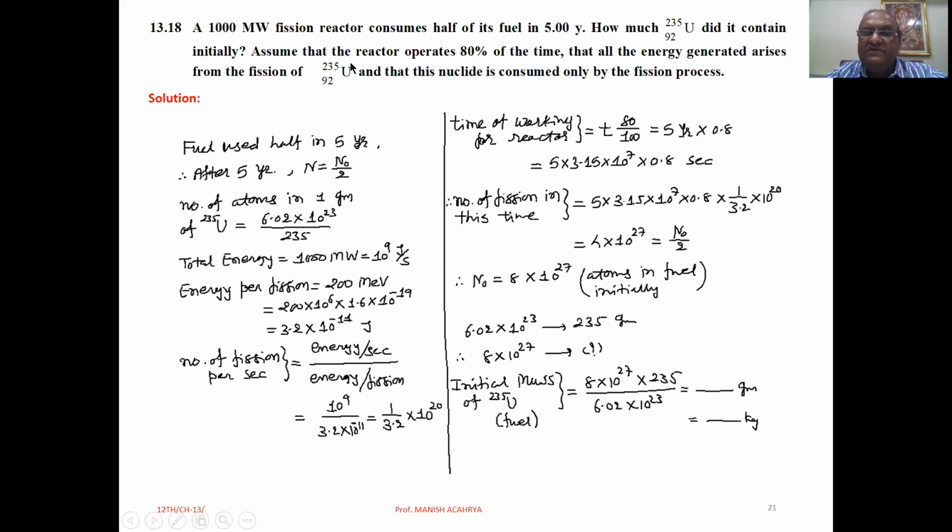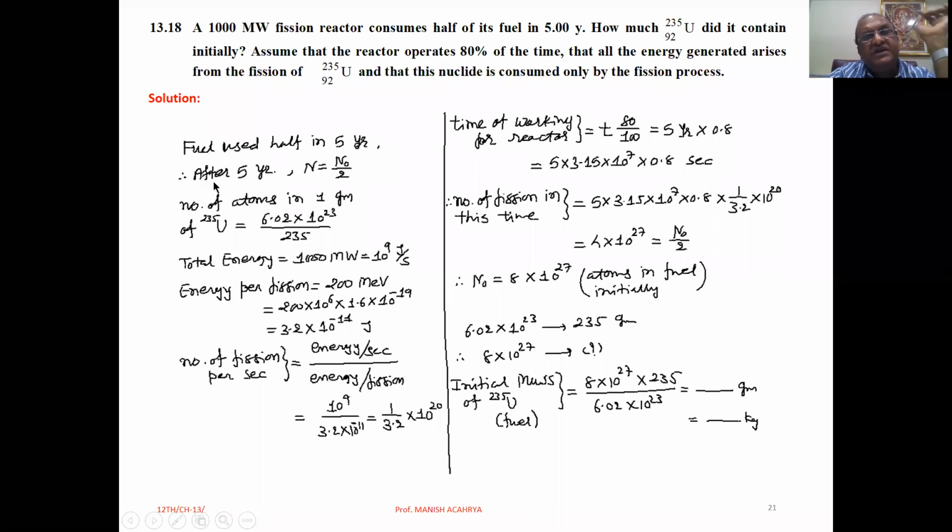So the fuel used is half in 5 years, that is given to you.